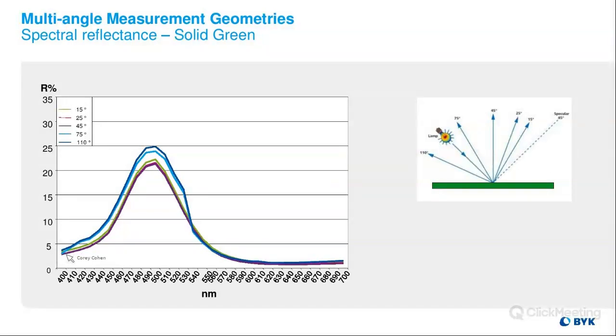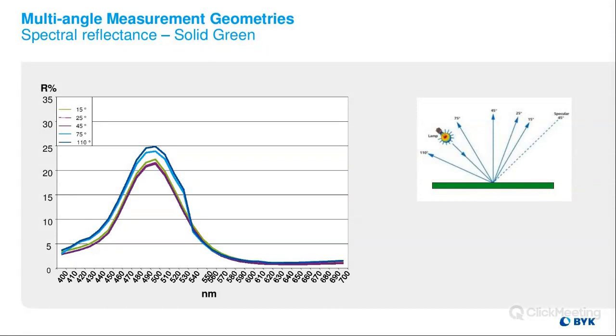And we can see this is a spectral reflectance curve. And we can see that all these curves for all these different measurement angles are right on top of each other. And so that sort of indicates that it doesn't really matter so much what angle we measure this color at. We really only need one angle, which is suitable for either the 45-0 or the sphere geometries. This is a solid green color.